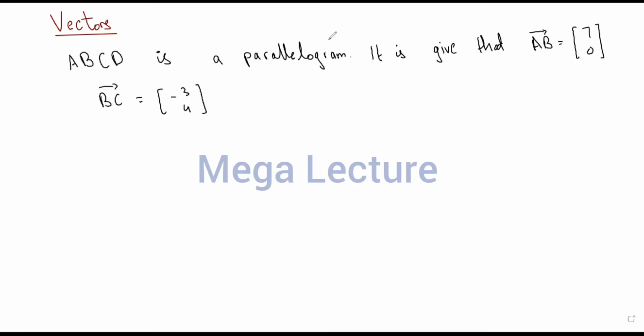All right. Let me make the diagram now. So it is DC and it is AB.